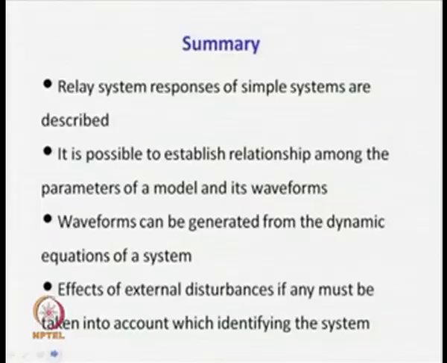In summary, what we have discussed in this lecture, we have seen the relay responses of some simple systems. The system can have a gain and a delay, or can have gain, delay and integrator, or can have 2 poles or 1 pole, thus giving us second order plus dead time or first order plus dead time system models.